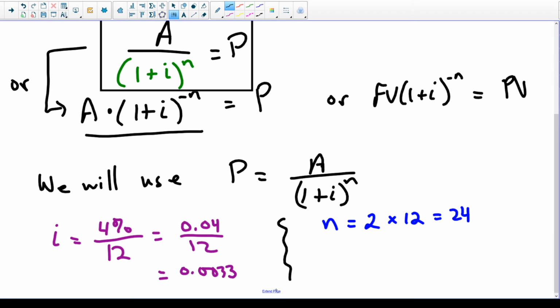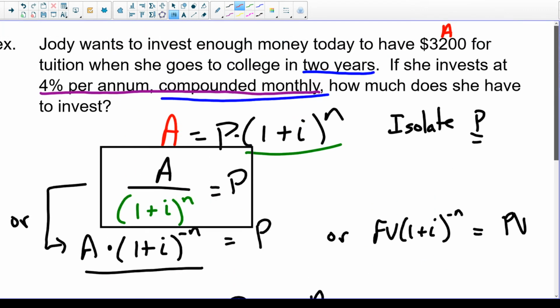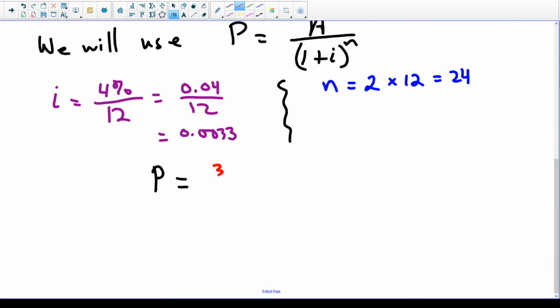Those are always the 2 first calculations that you're going to use. Now we can just put everything into our new formula. Our present value is equal to our amount, which was 3,200, divided by 1 plus our interest, which is 0.0033, all to the power of n, which is 24.